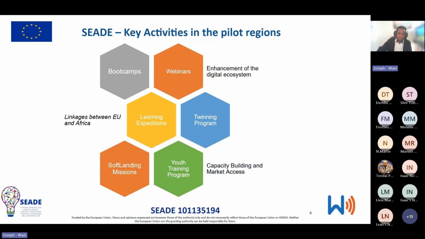Right now we're working on the bootcamp, one of the activities that we're using as a tool to try to understand some of the gaps, in this case market access.